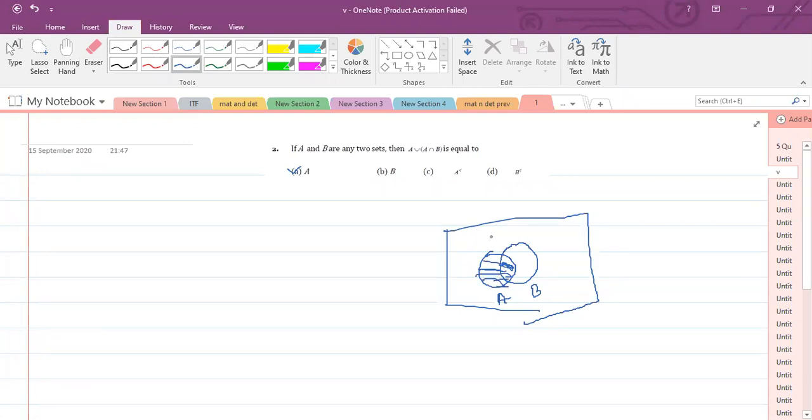These problems on sets, union and intersection, can be done in 2-3 different techniques. One of them is applying distributive law and the other one is Venn diagram. Otherwise, you can choose some different values also. Take A is equal to 1, 2, 3, B is equal to 3. Check your values. Then finally you will get this A. Therefore here option A.